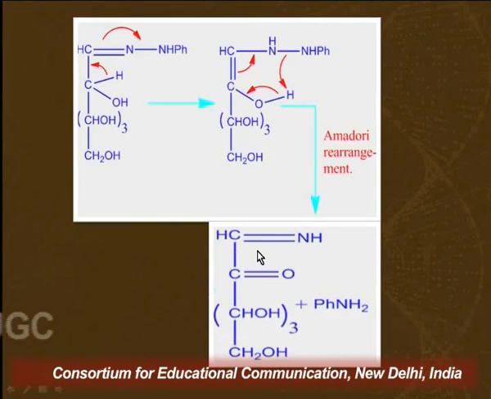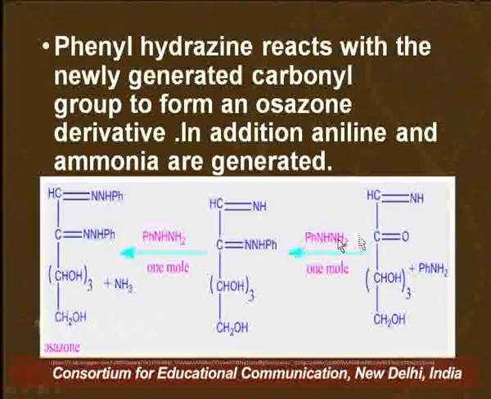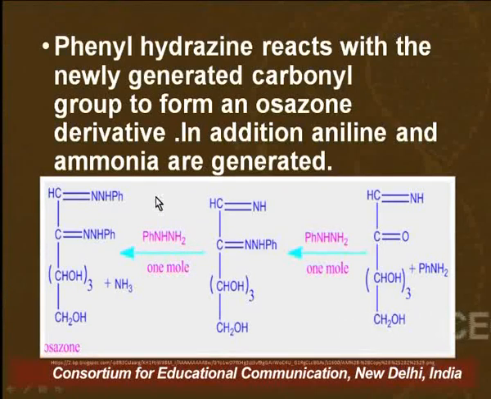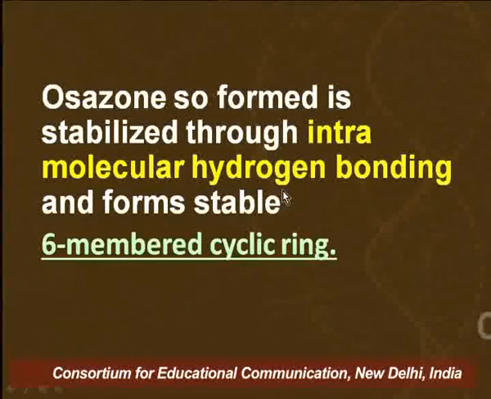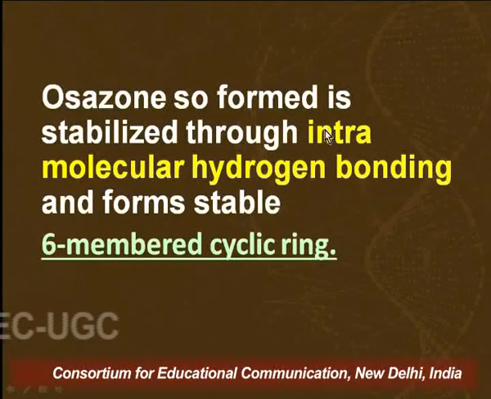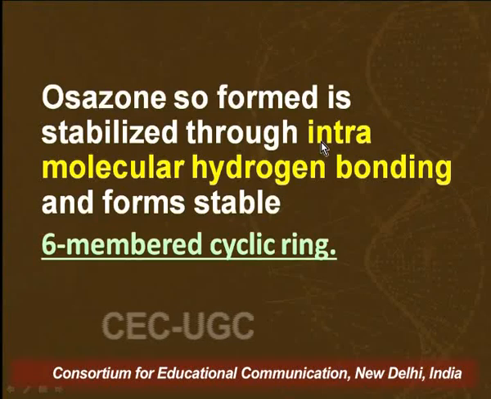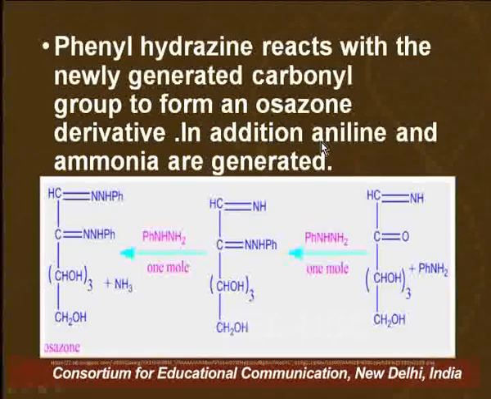This ketonic group then reacts with the second molecule of phenyl hydrazine, forming an intermediate, which again reacts with the third molecule of phenyl hydrazine, resulting in the formation of osazone. Let me go back to this screen, this reaction.